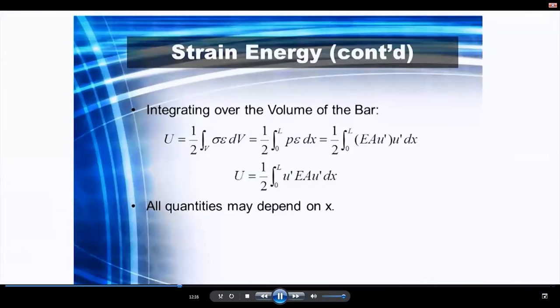To obtain the strain energy, we must integrate the energy density over the whole volume. Furthermore, we can use the definitions we made in the previous slide to obtain the following relationship between the unknown function u and strain energy U. You can see the equation.